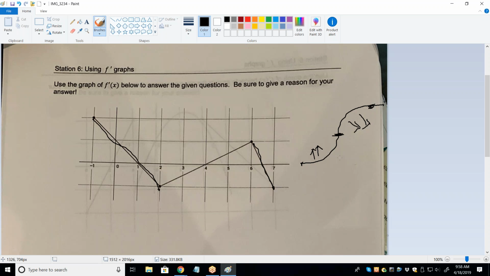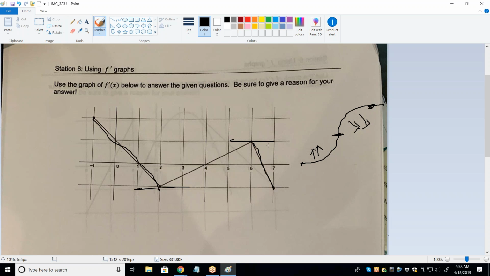It's where the second derivative is 0 or not defined. Our second derivative is not defined at 2. That is a corner. We can't take the derivative at that point, so we can't say the slope of the tangent line is 0, either there or there.